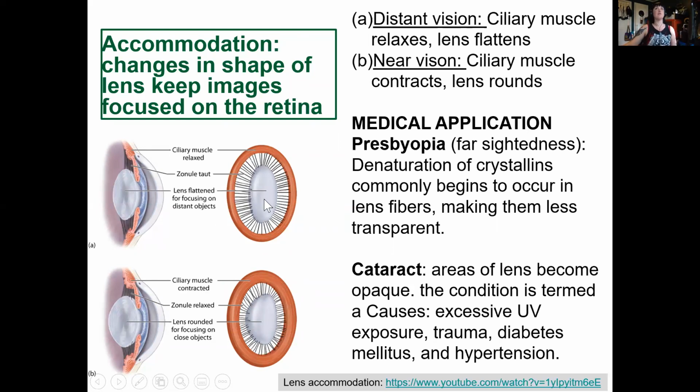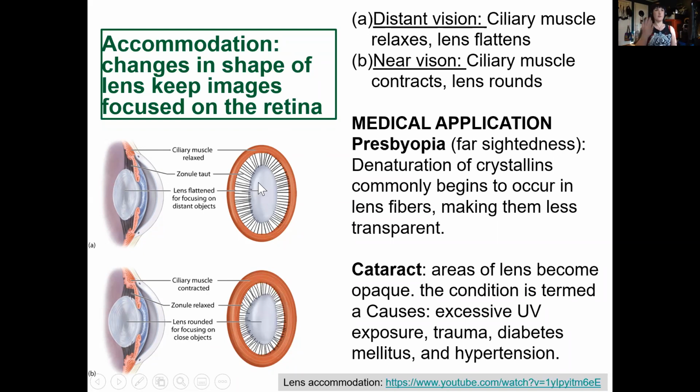When we come back, I'll have it fixed. But for now, if you look, we have taut zonules, and the lens is going to flatten. And then down here, we have relaxed zonules, which allows the lens to round. So as we age, the ability of our lens to change shape declines.